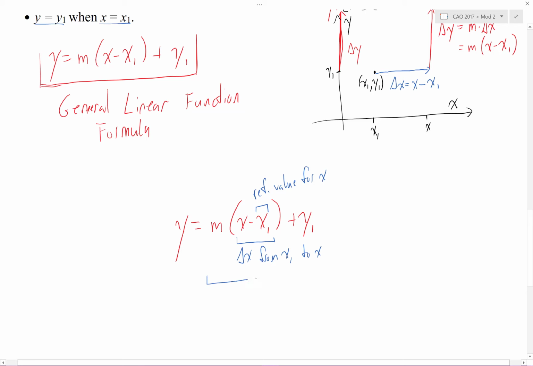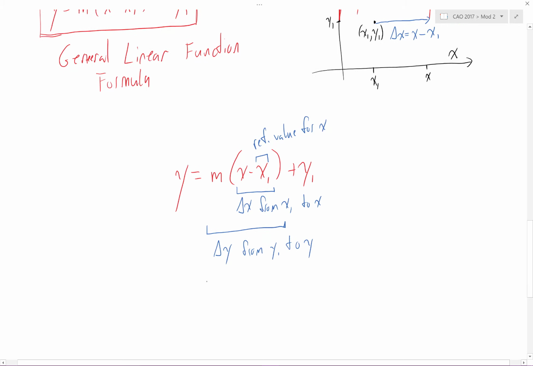And when we multiply that by m, we're computing our change in y from our initial value y1 to the new value of y. Then if we add to our change in y the initial value of y, we end up with the new value of y. So each piece in this general linear function formula has a lot of meaning.